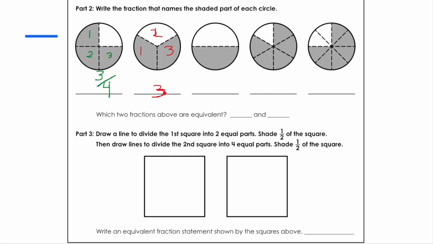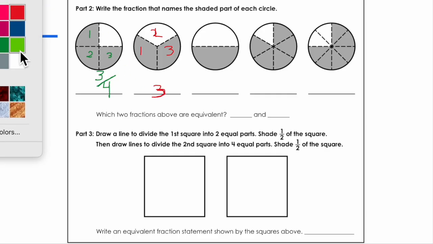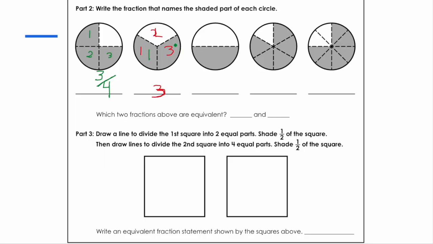Now I'm going to change my color, go back to the green. Now I'm going to say how many are shaded. 1, 2. My numerator is a 2. So 2/3. That's what this circle represents, is 2/3.